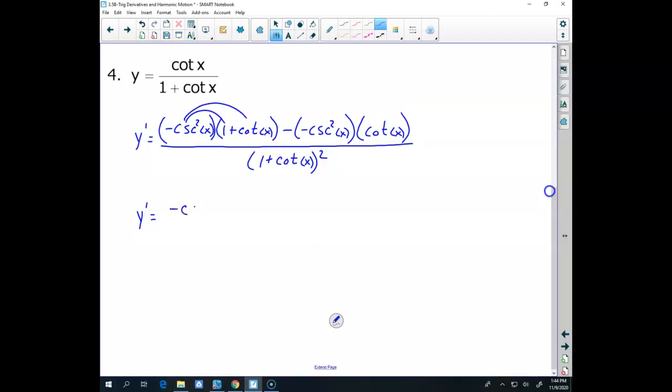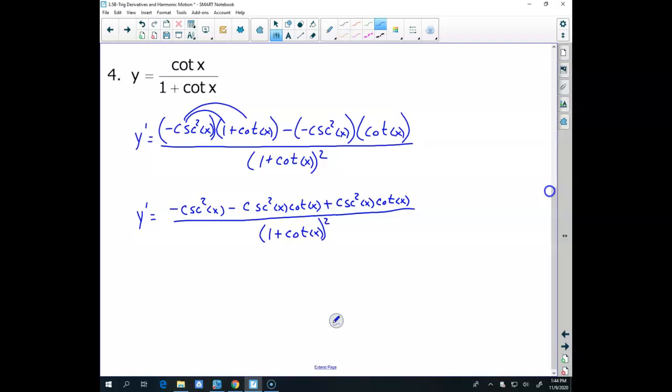I get a negative cosecant squared x minus a cosecant squared x times a cotangent x. And I can see this is cosecant squared times cotangent squared. A double negative makes that a plus cosecant squared x cotangent x all over 1 plus cotangent x quantity squared.